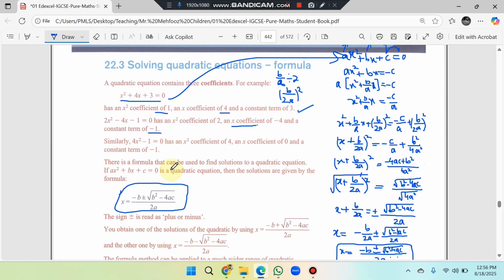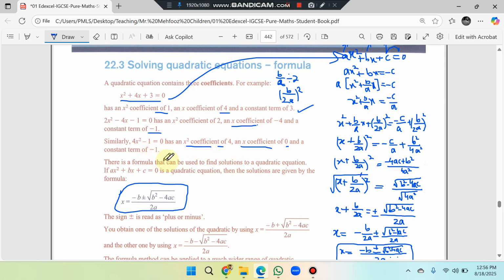Do you understand? Similarly, 4x square minus 1 is equals to 0 has the x square coefficient that is 4, x coefficient of 0, and the constant term is minus 1. In this equation, you can see that we have not any term involving x. So it means that the coefficient of x is equals to 0.